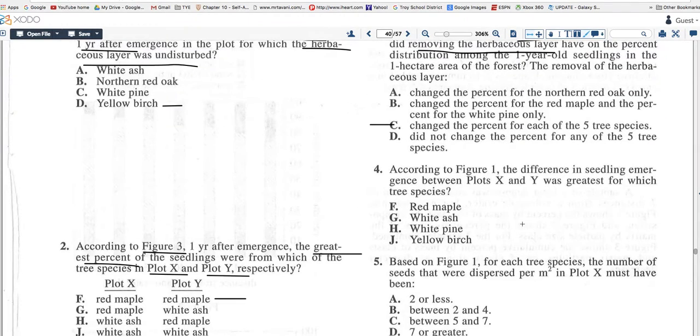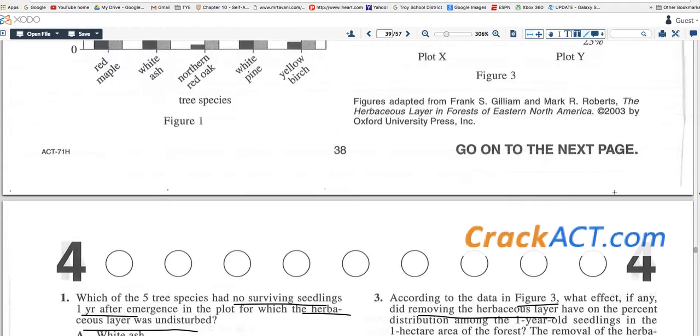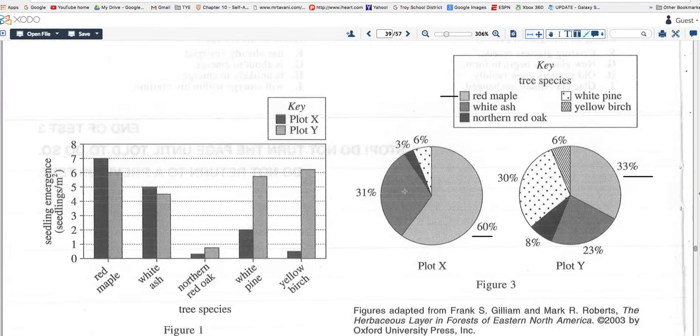All right, question 4. Sid, tell me what I'm going to underline in this one. Okay. So underline figure 1. Good. Then difference. Difference in what though? The seedling emergence. Good. And that should really tell me. What else? Greatest. Good. Okay, difference. So I'm going to figure 1. I'm looking for the difference in seedlings emergence and where is it the greatest?